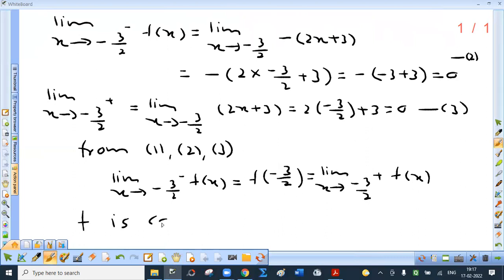F is continuous. The presentation is important. F is continuous at x equal to minus 3 by 2.